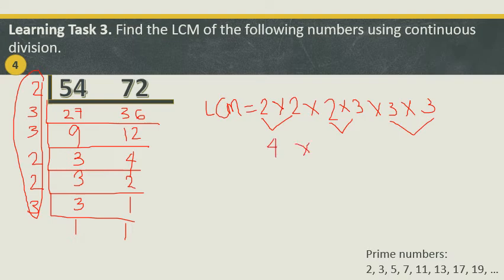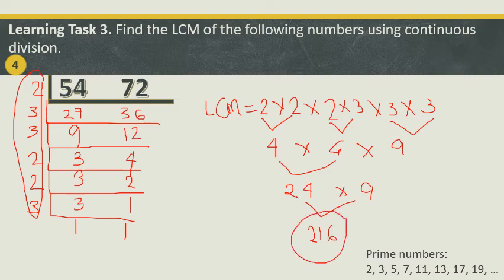Times 2 times 3 ay 6. Times 3 times 3 is 9. Then, 4 times 6 is 24. So, times 9 is 216. So, ito po ang ating least common multiple ng 54 and 72.